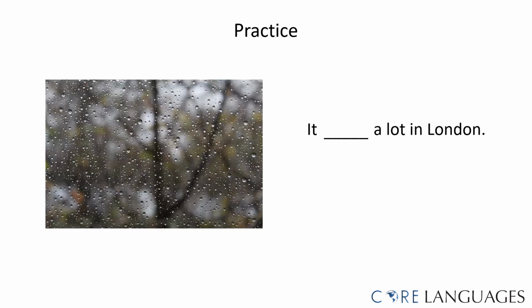Look at the following pictures and sentences and choose the correctly conjugated or negated verb. For example, it rain a lot in London, or it rains a lot in London. Excellent. It rains a lot in London.